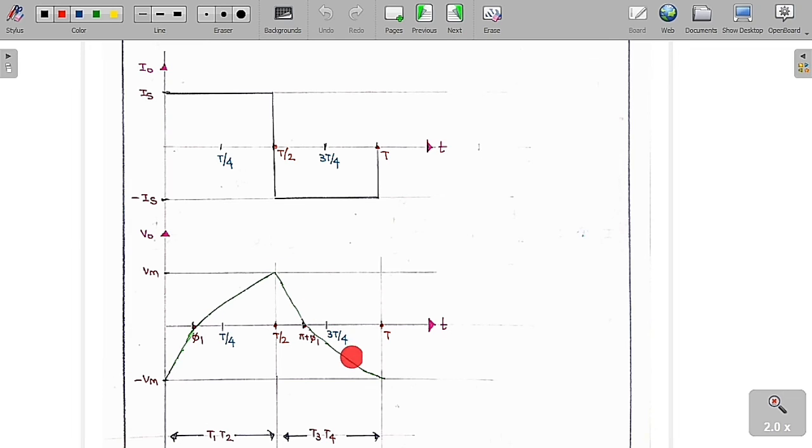Whenever you apply a constant DC current source across a parallel RC load, it basically acts like a capacitor load. For a capacitor, if you apply constant DC, the voltage will be exponential. So the output voltage is going to lag the output current by some angle phi1. Therefore, between minus Vm and plus Vm, it is exponential, with phi1 and pi plus phi1 marked here.